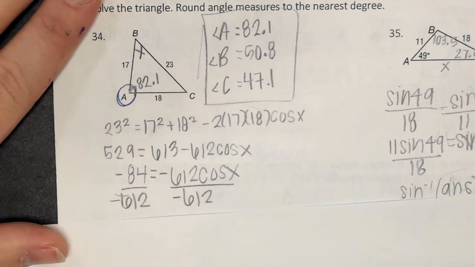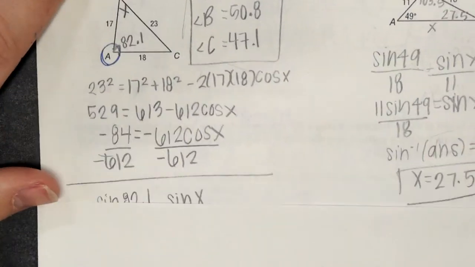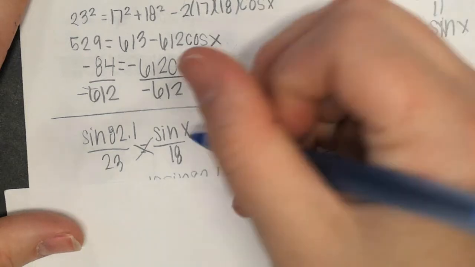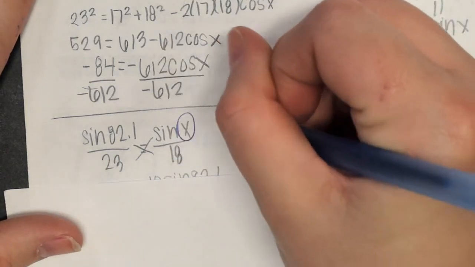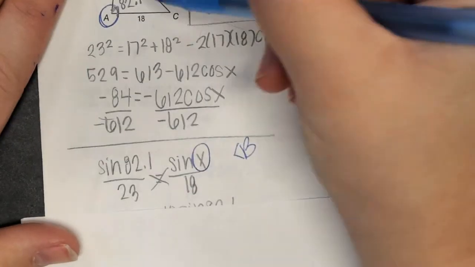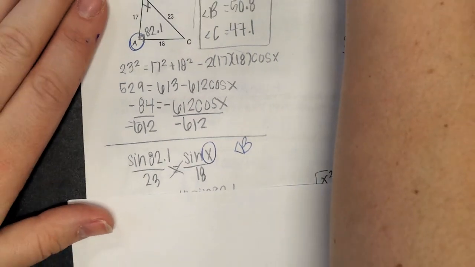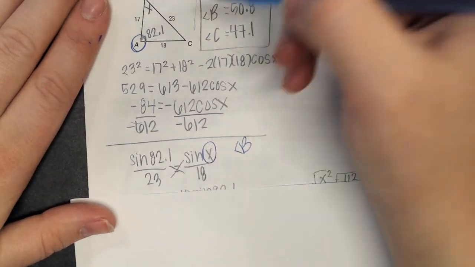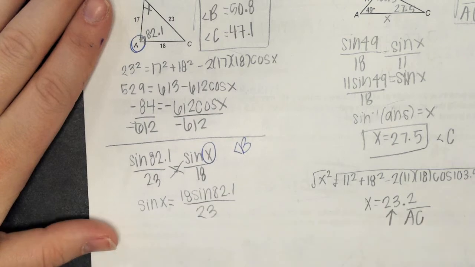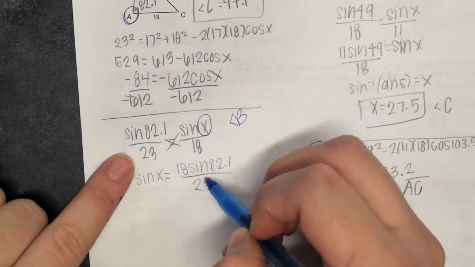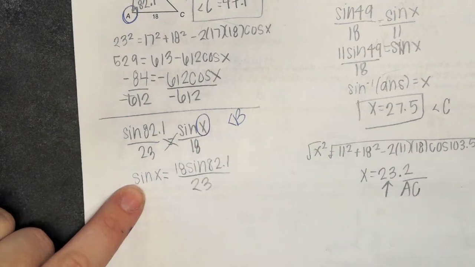And then I used law of sines to find angle B. So this is where I found angle B. So I did sine of 82.1 divided by 23, sine of x divided by 18. Cross multiply, you get sine of x equals 18 sine 82.1 divided by 23.